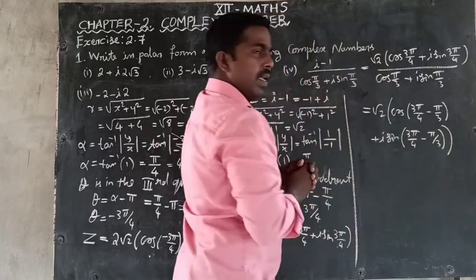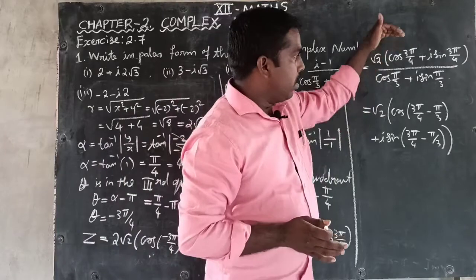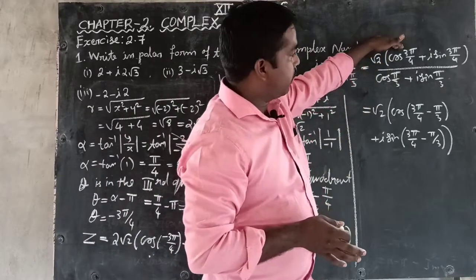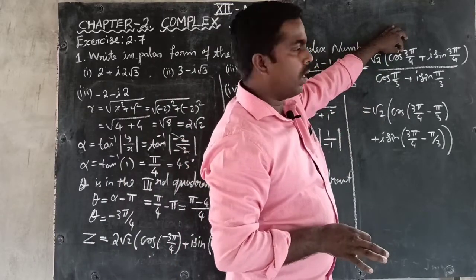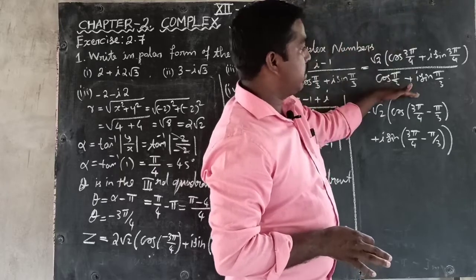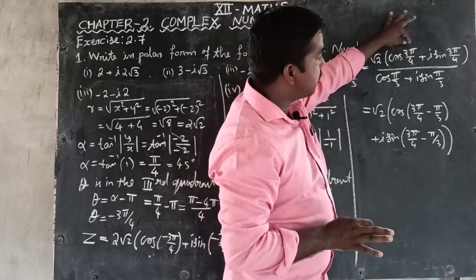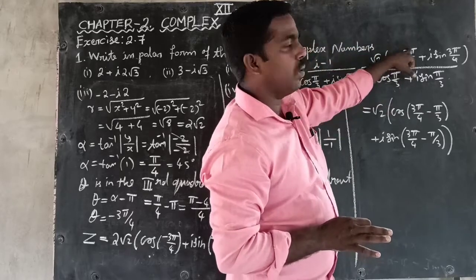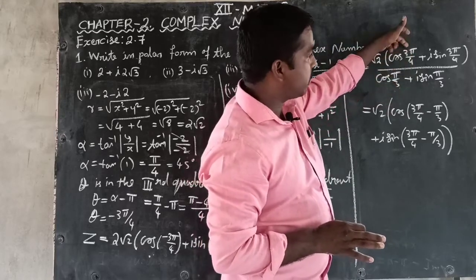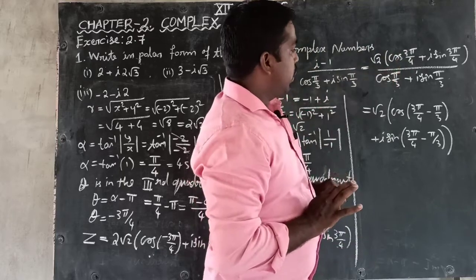Recall that for polar form complex numbers, when we divide, it is enough to subtract the angle values.